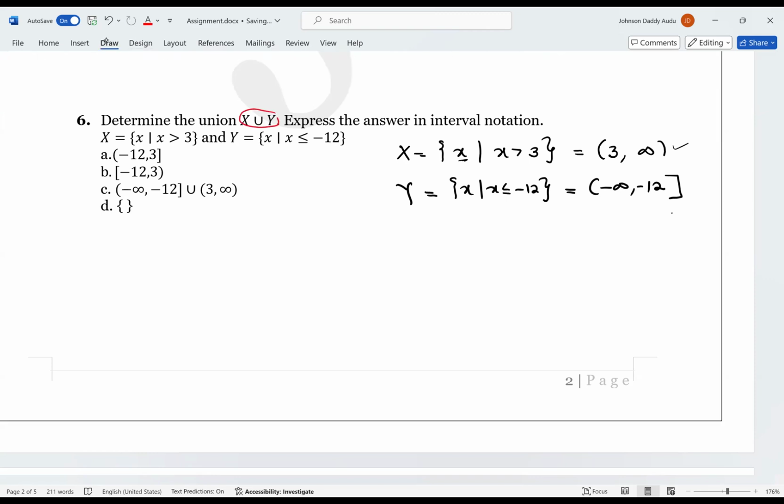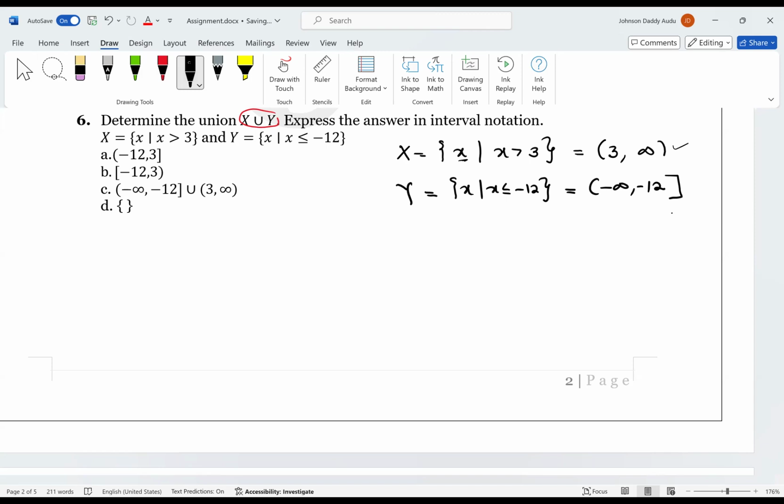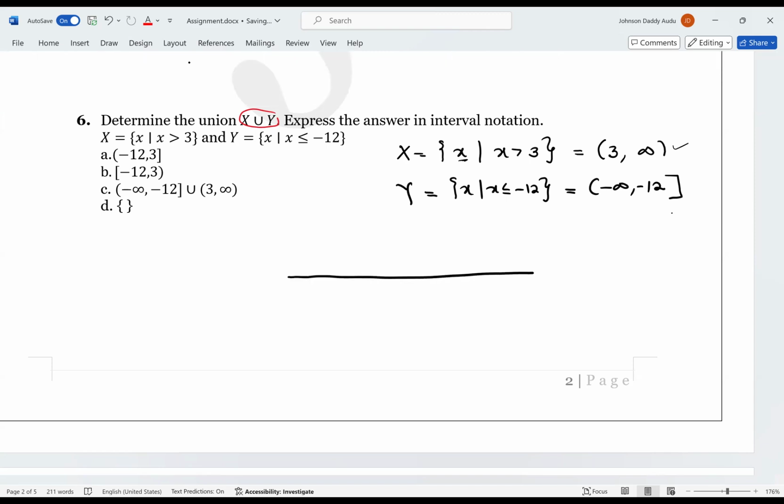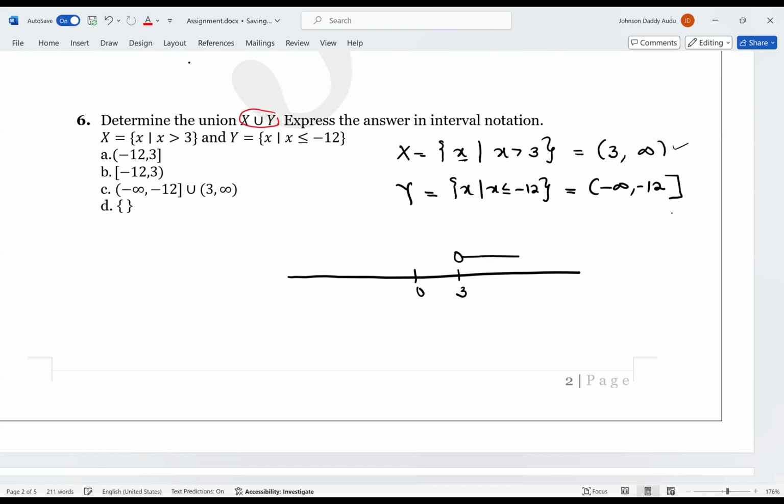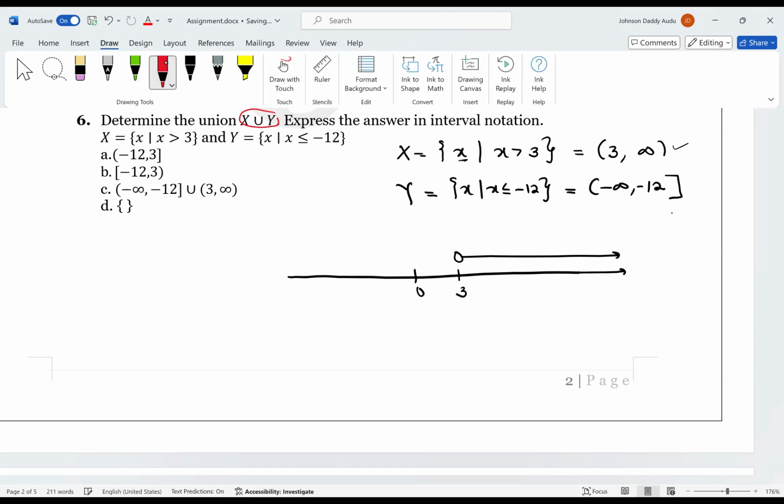So let's get the number line. So if this is 0, this is 3. So 3 open, going to infinity. And then we have what? We have y, which is going to -12.